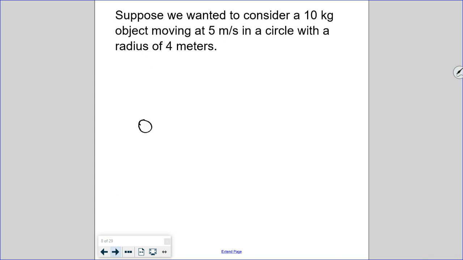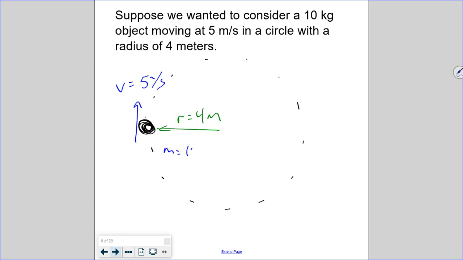Here's my bowling ball going around in a great big circle. The radius is 4 meters, our velocity is 5 meters a second, and our mass is 10 kilograms.